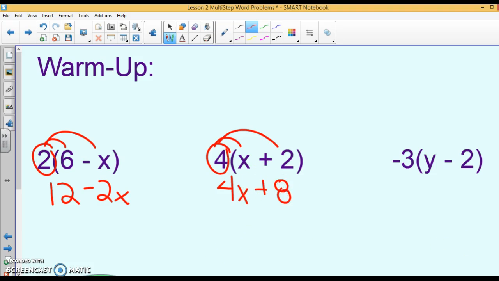And now for my last one, it's really important that you remember to take the whole negative 3 and distribute it inside. So I have negative 3 times y, which will be negative 3y. And negative 3 times, again, watch the sign. This is going to be a negative 2. So negative 3 times negative 2 will be a positive 6.